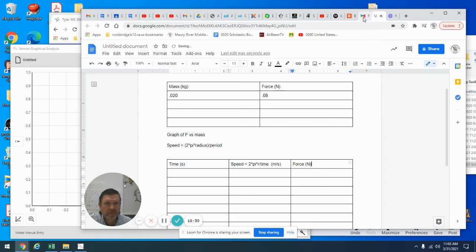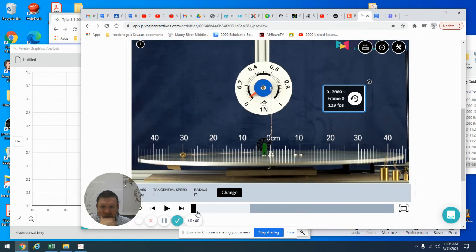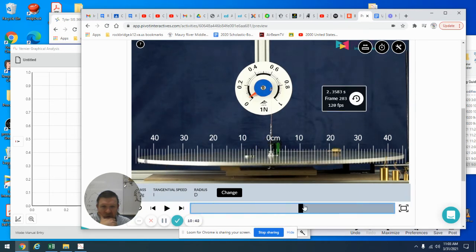Go back to my pivot video here. Looks like the radius is 30 centimeters or 0.3. And I need to figure out how much time it takes for one full lap.